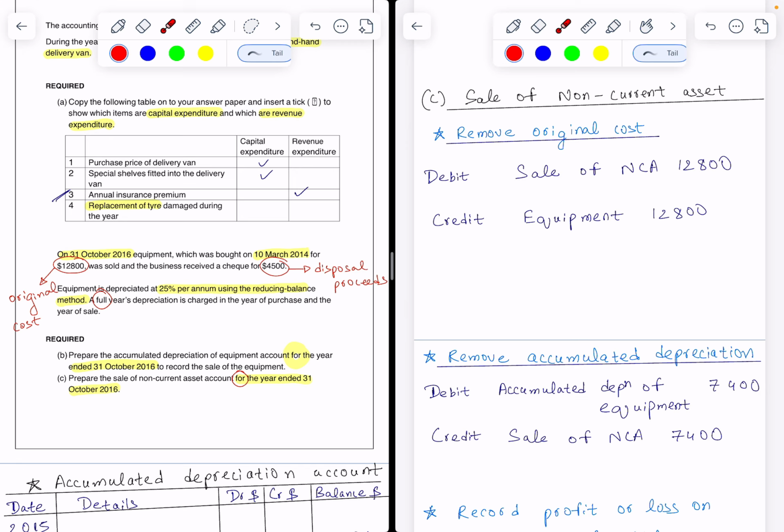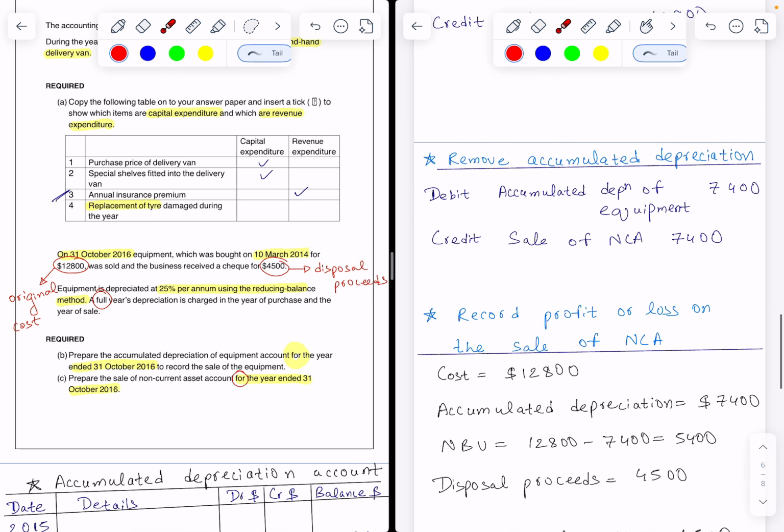The total accumulated depreciation for this asset for year 1, 2, and 3 is $7,400. So when we are removing it, we debit accumulated depreciation of equipment by $7,400, and obviously credit sale of non-current asset as the corresponding entry by $7,400.